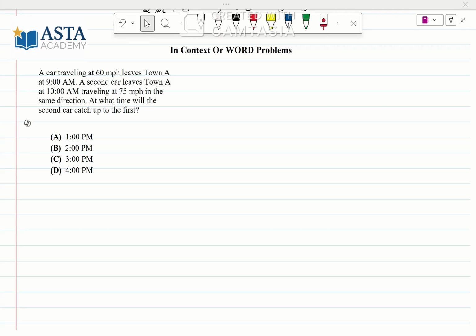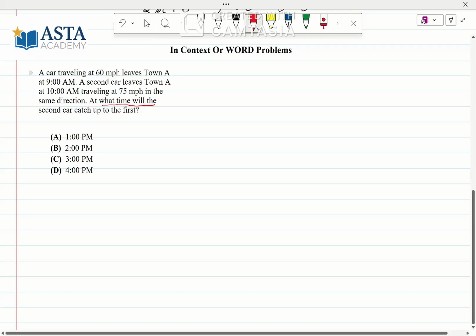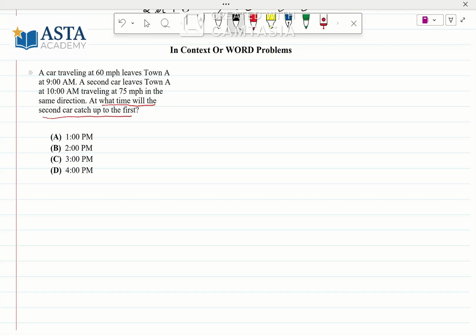There is a car traveling at 60 miles per hour that leaves town A at 9 a.m. Another car leaves town A at 10 a.m., one hour later, but it's traveling at 75 miles an hour in the same direction. What you need to do is find at what time the second car will catch up with the first.